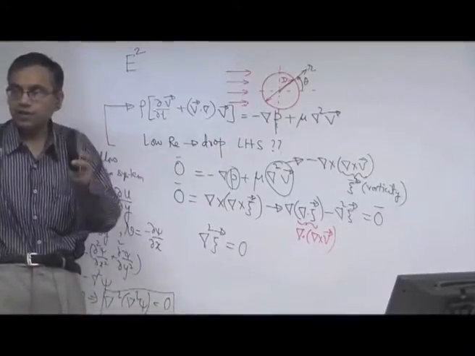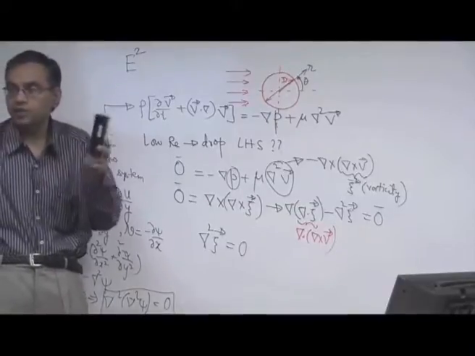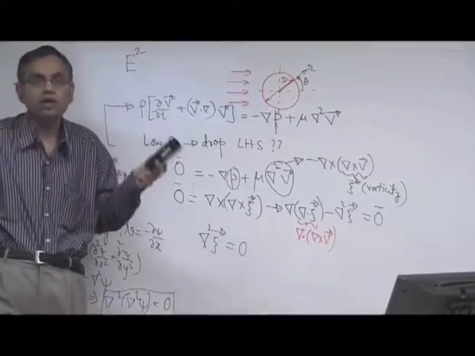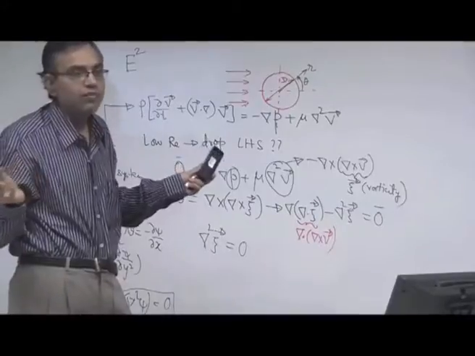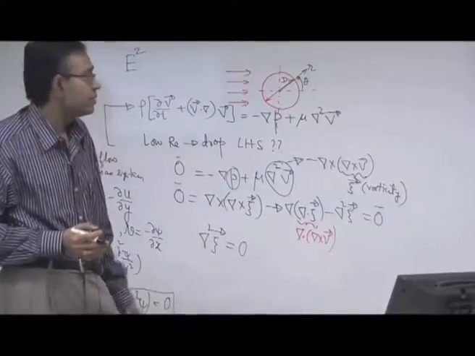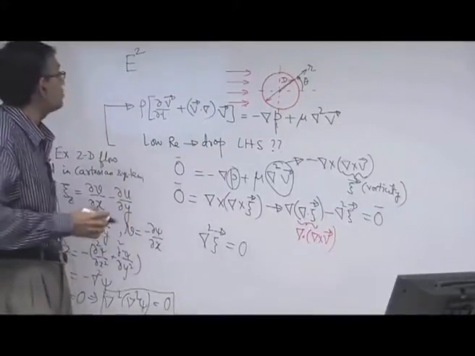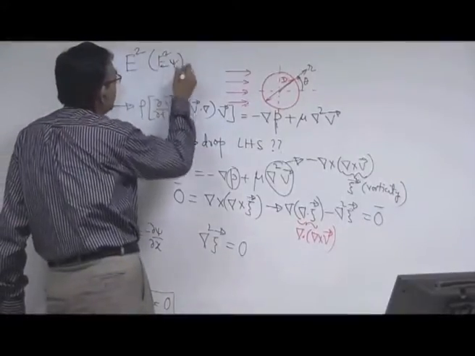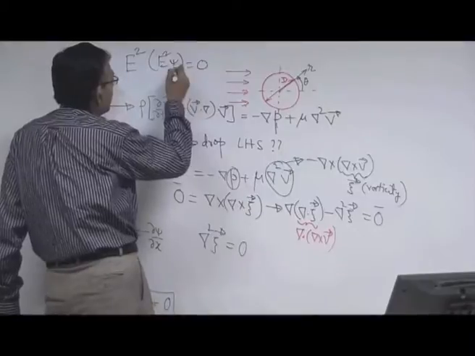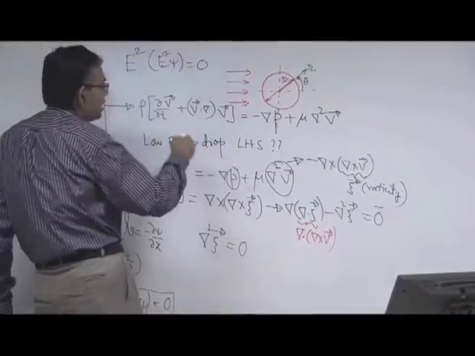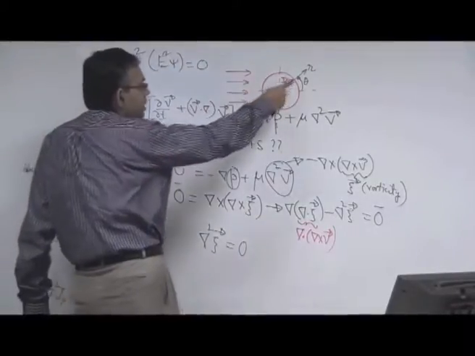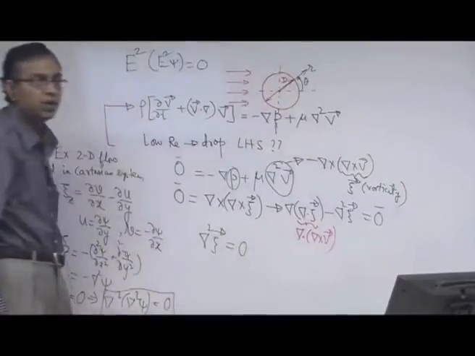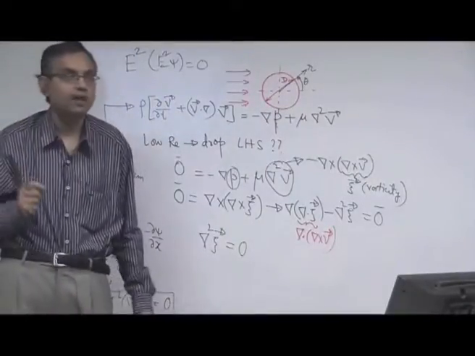Just try to understand the analogy of the concept. The operator is simply different because we have to adapt to a different coordinate system, but concept wise it is very similar. So, E square of E square psi will be 0, and this psi is not the normal stream function in the Cartesian system, but the stream function defined for this coordinate system, which is also called the Stokes stream function.